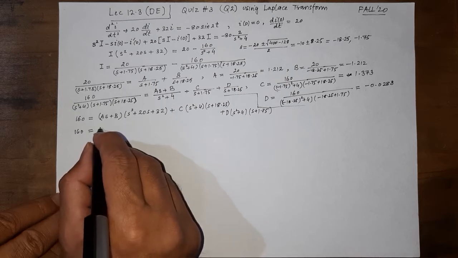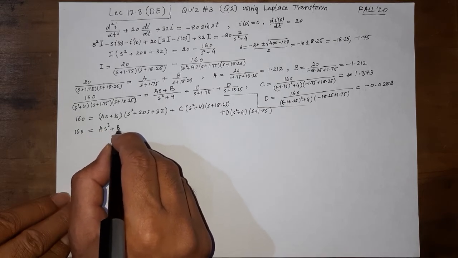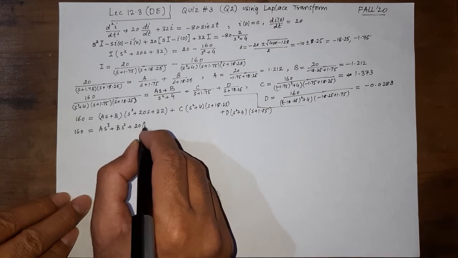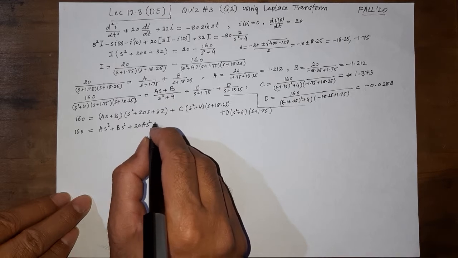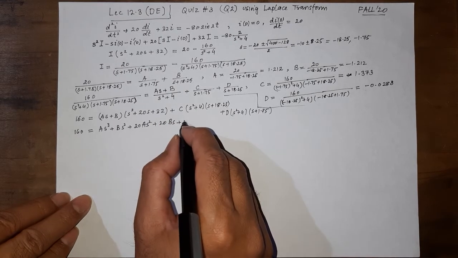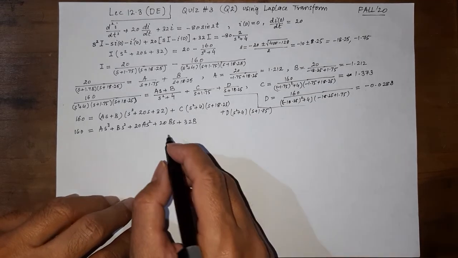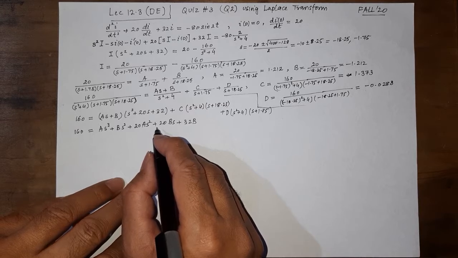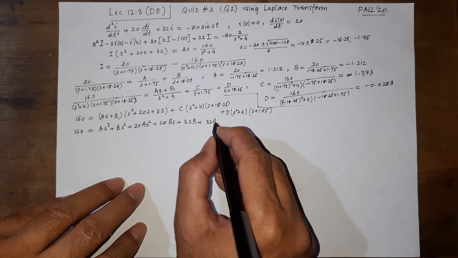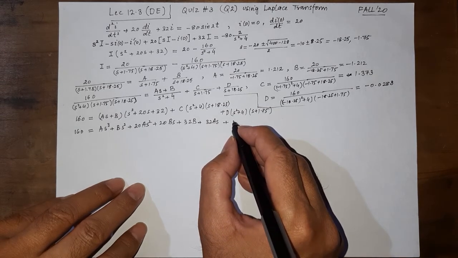So we multiply, and we get as cube plus bs square plus 20as square plus 20bs plus 32b. I'm missing some term. Plus 32as plus c.